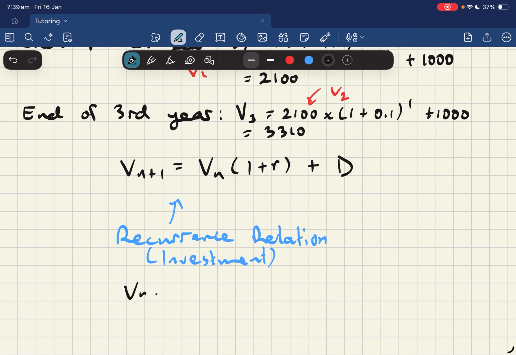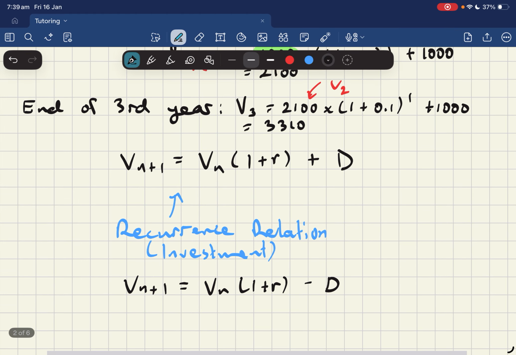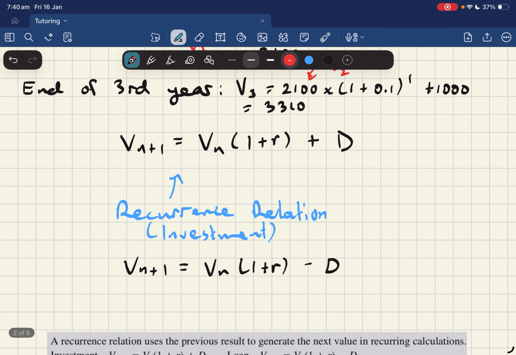If you remember back to the previous video, it followed the exact same thing where we put in our value from the previous year, applied the interest, and then we took away an amount of money because we're paying this off. So we're trying to reduce the value of the loan. This guy over here is for the loan.